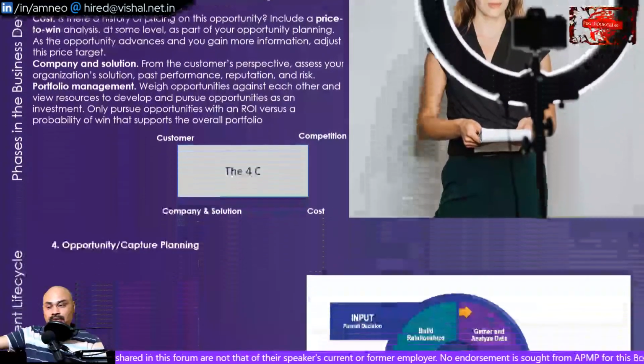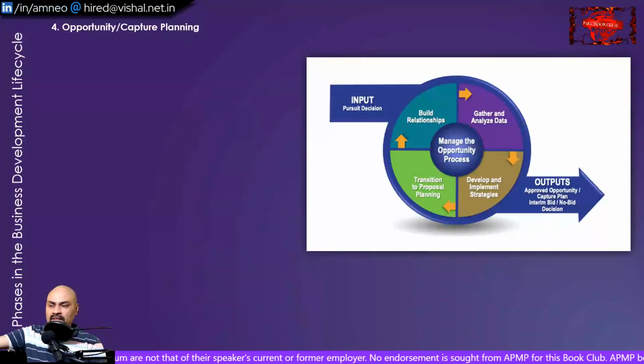Okay, so in the opportunity capture planning, this is one of the graphics which very clearly defines the whole process. You get a pursuit decision, that's one of the inputs. You build relationships, that is managing the opportunity process, that is how you manage your process. You build the relationships, you gather and analyze the data, you develop and implement your strategies, and you transition to proposal planning.